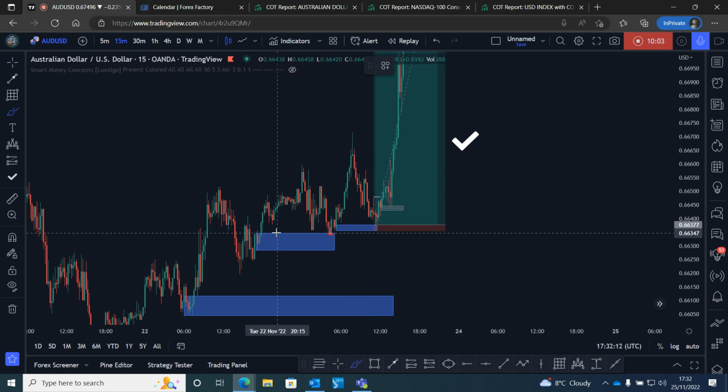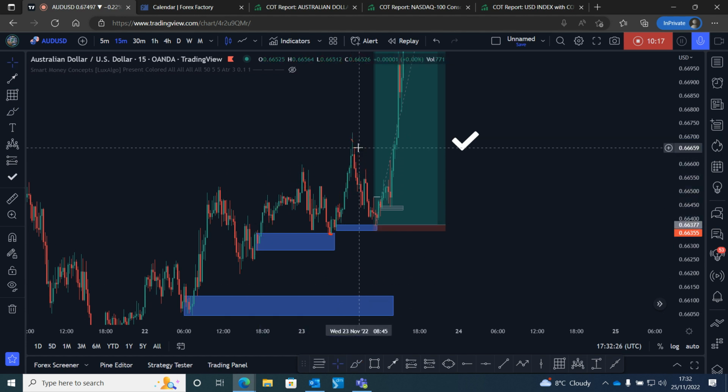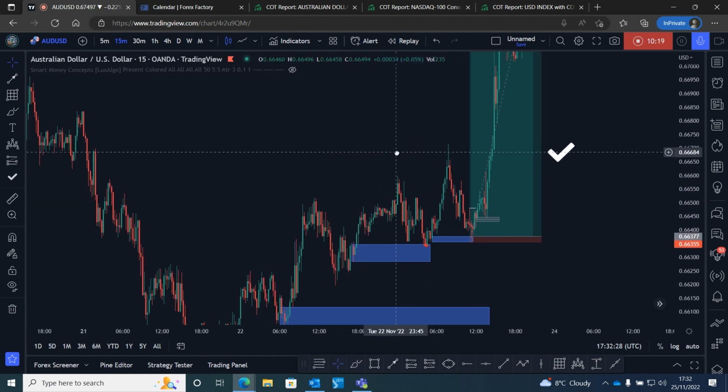Once I realized that, I started to identify areas where price could come down to test before massively buying up to the upside.